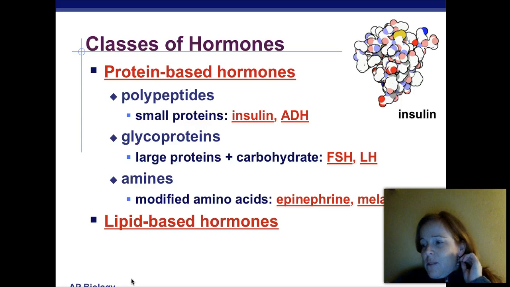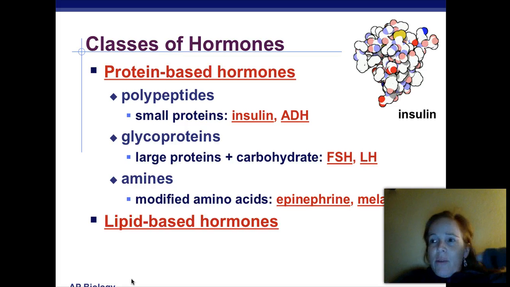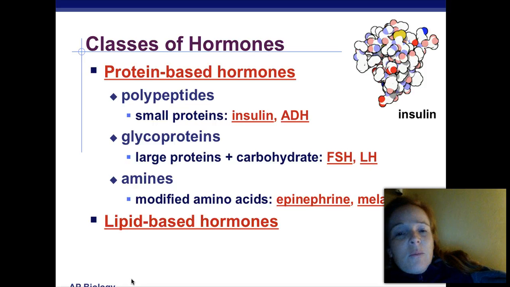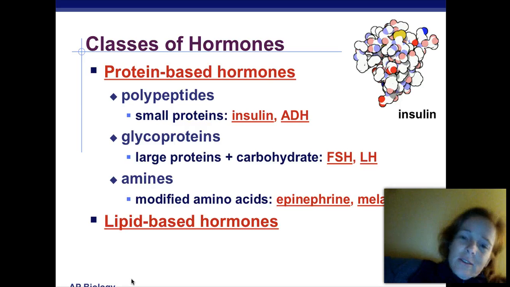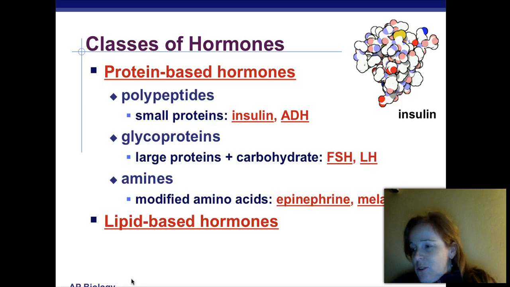It helps increase water retention in the kidneys, so it decreases urine volume. So you can imagine that this is involved in maintaining proper blood pressure. Without this, if we don't have the right blood pressure, if we don't have proper kidney function, we can't live. If you have kidneys holding back too much or leaking too much, things are not going to work.